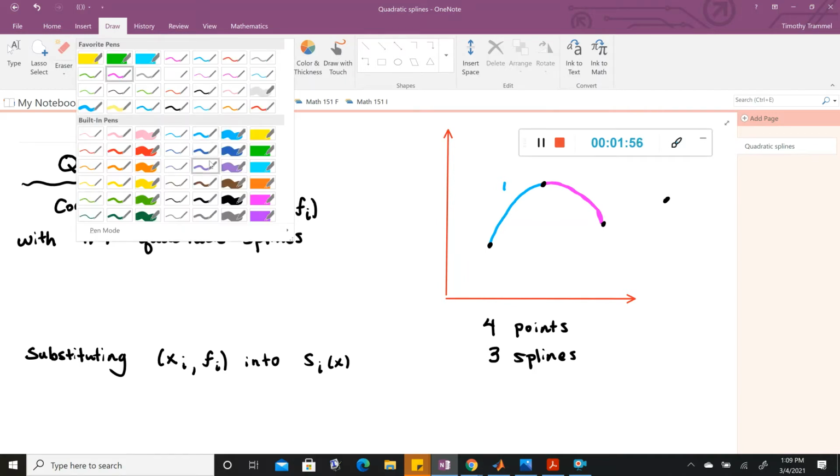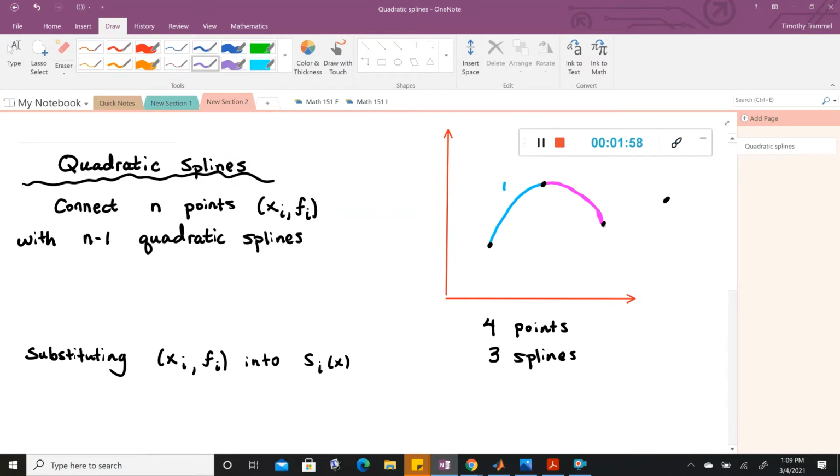Pick a different color. Right, and so that gives us 3 of these. All right, so we see that that's true.